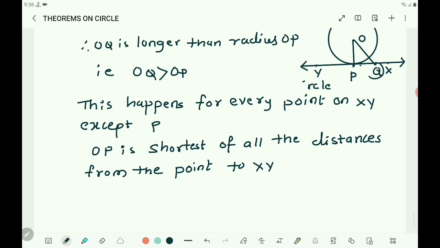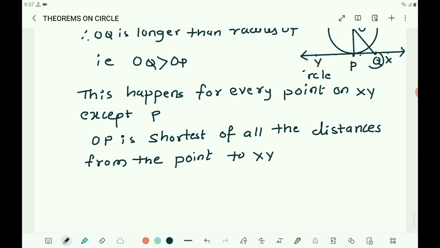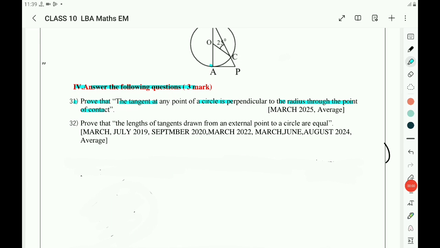Therefore you can say that the shortest distance becomes the perpendicular. Therefore, OP is perpendicular to XY, because the shortest line becomes the perpendicular.